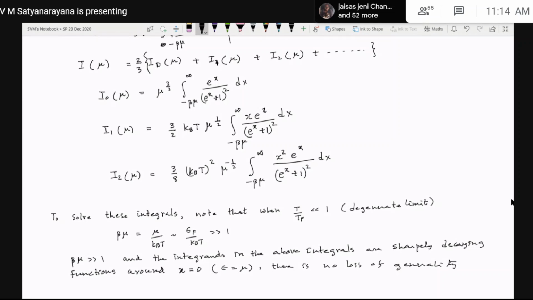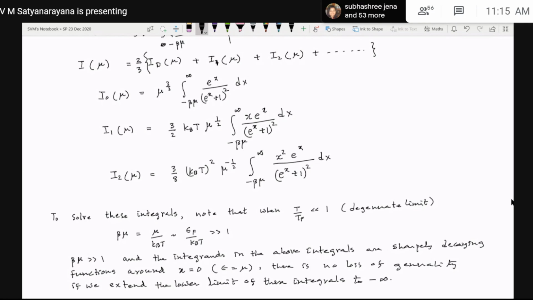if we extend the lower limit of these integrals to minus infinity. There is no loss of generality because anyway the integrand is 0 slightly away from x equal to 0.